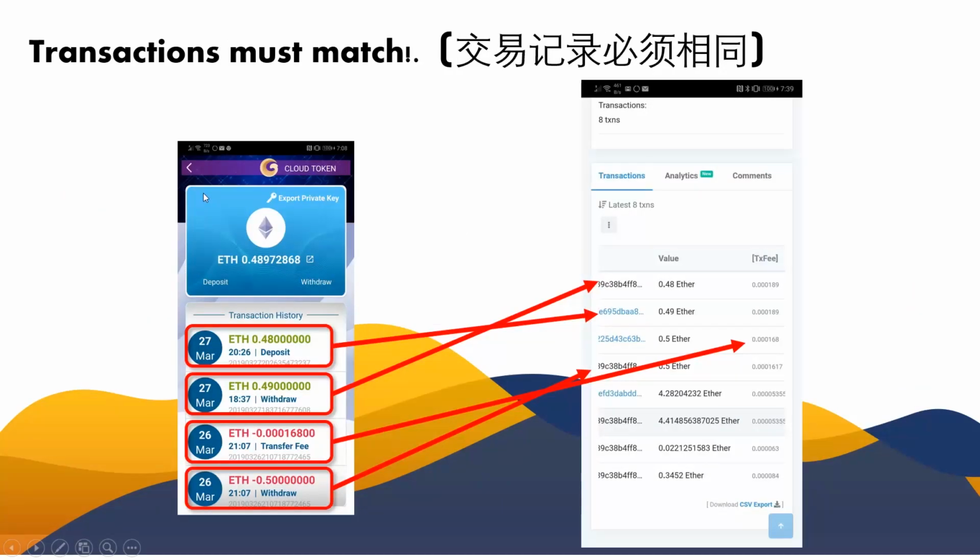Second thing that you need to check is the transactions must match. This clearly shows that we are reading from the chain itself. So if you look at it this way, on the 27th March, I have this 0.48 deposit. So you have this here and 49 here, and we have a gas fee and a withdrawal.